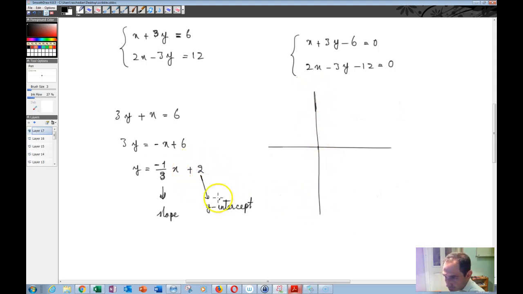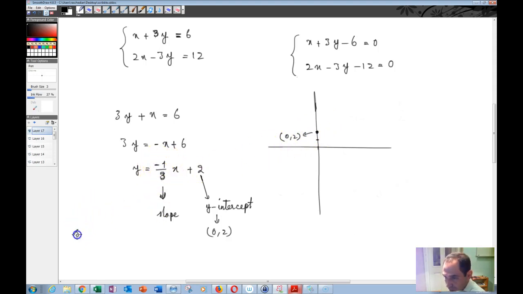So the coordinates of this point would be (0, 2), which would be some point over here. Okay, and the slope of the line is negative 1/3.